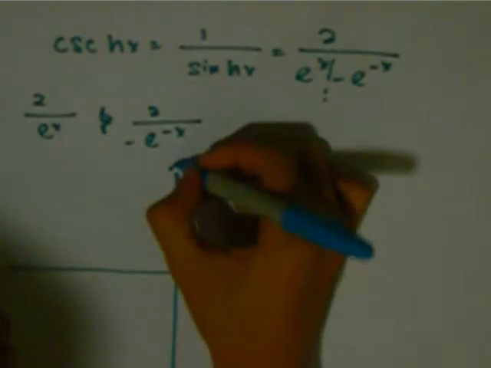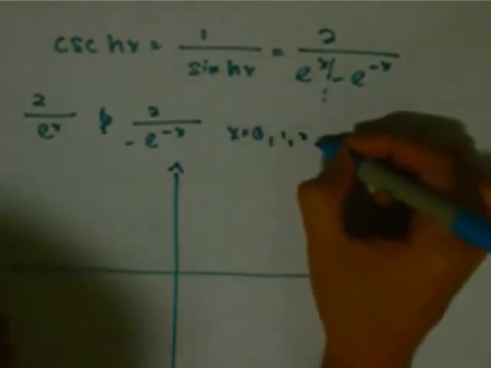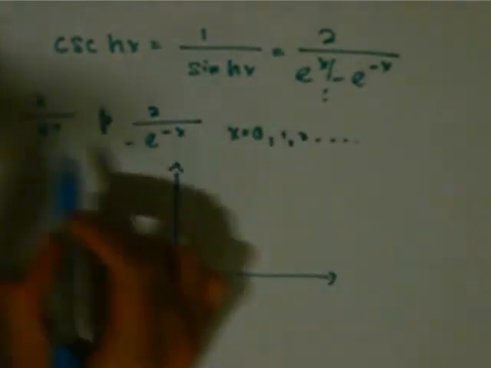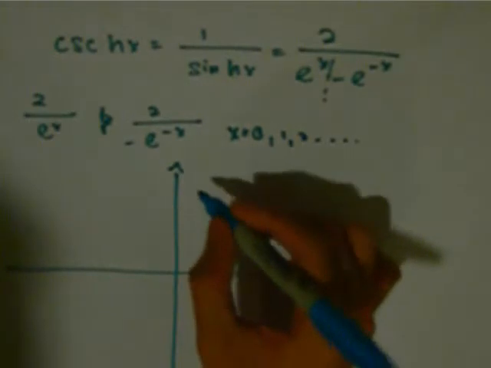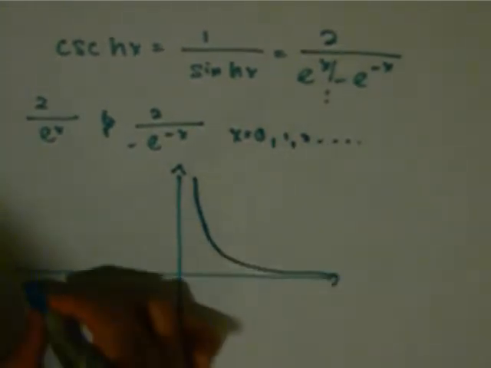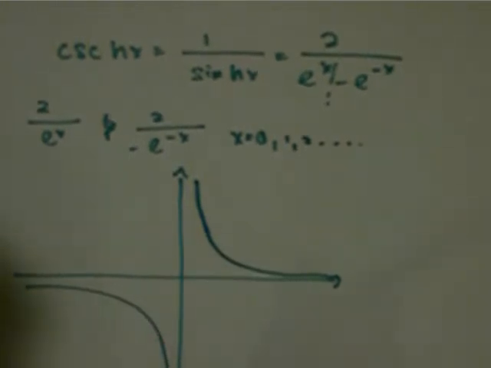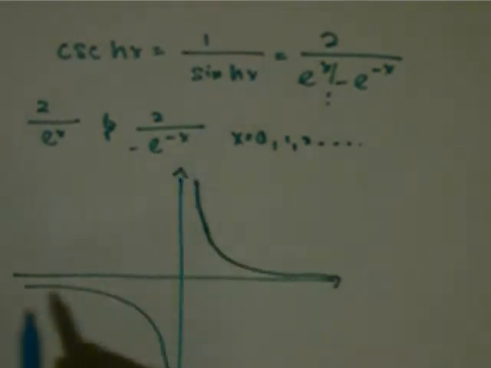If we were to substitute values of x equals 0, 1, 2 and so on into each individual equation, we get two separate curves that do not intersect at any point and do not touch the axis. This is because the axis acts as an asymptote, so you see it only approaches the axis but it does not touch the axis.